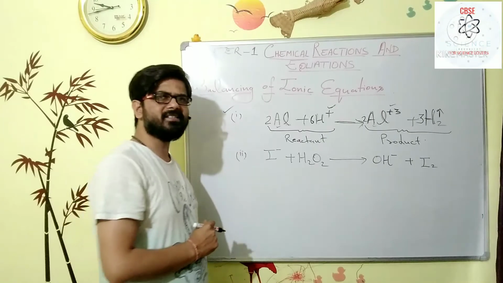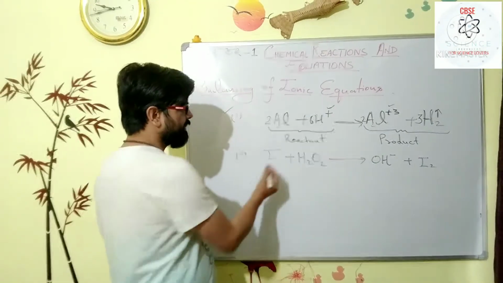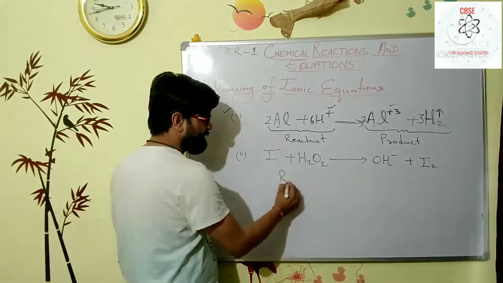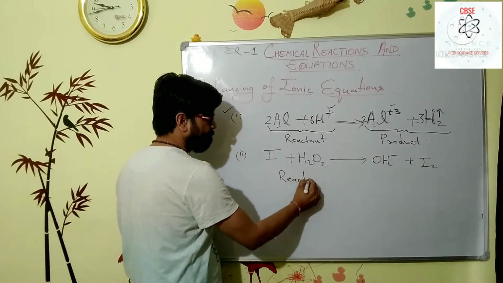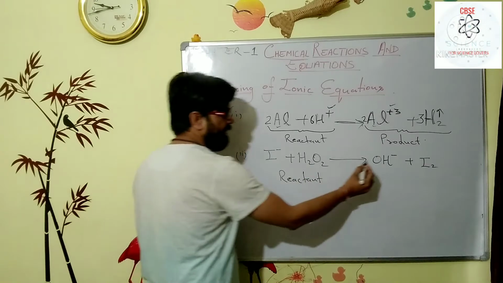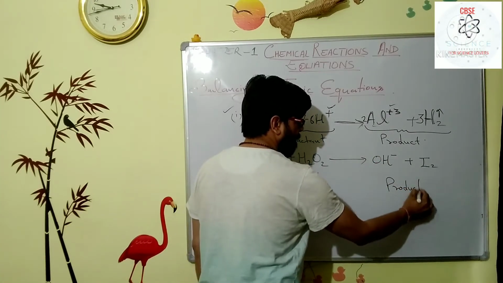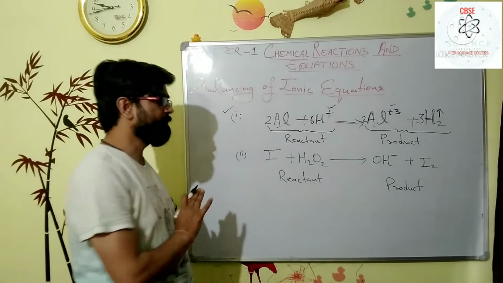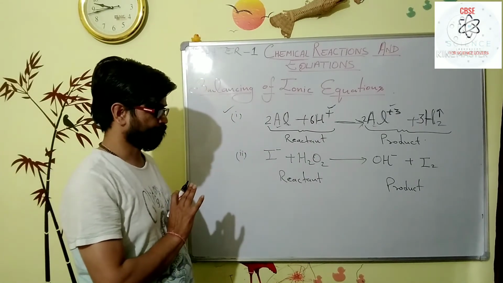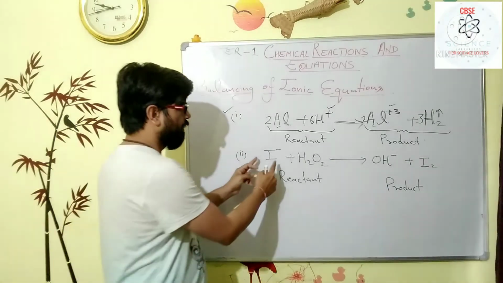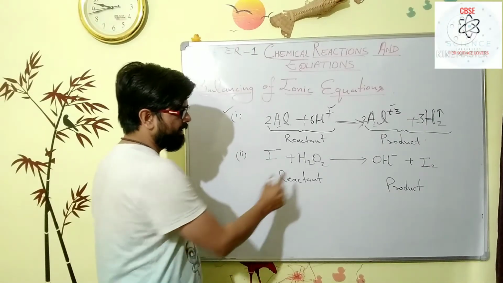Now see how we balance this equation. Just see, one negative charge on the reactant side and one negative charge on the product side. So the charge is balanced, but the particles are not balanced.